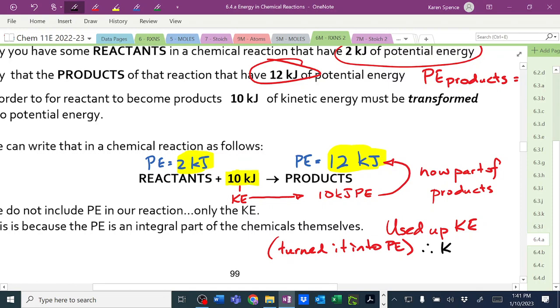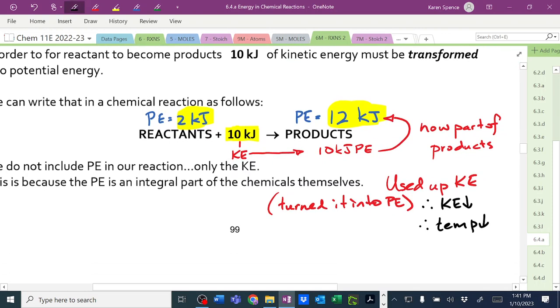Therefore, the kinetic energy decreases, and therefore the temperature decreases. So if temperature is decreasing, it's getting colder. Is this making sense so far?